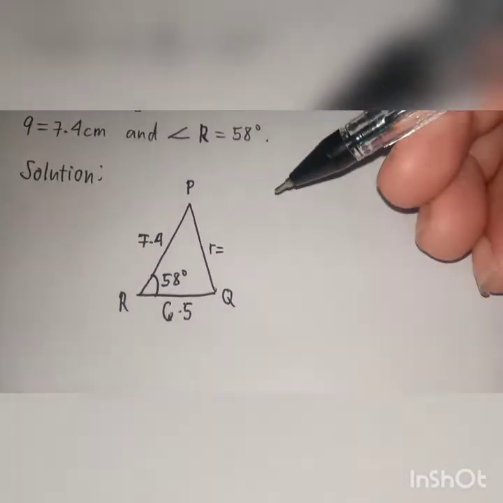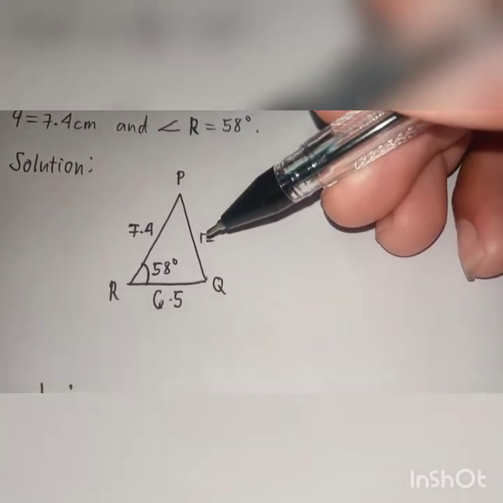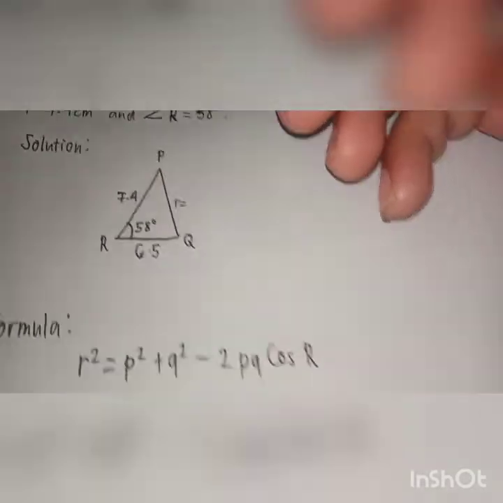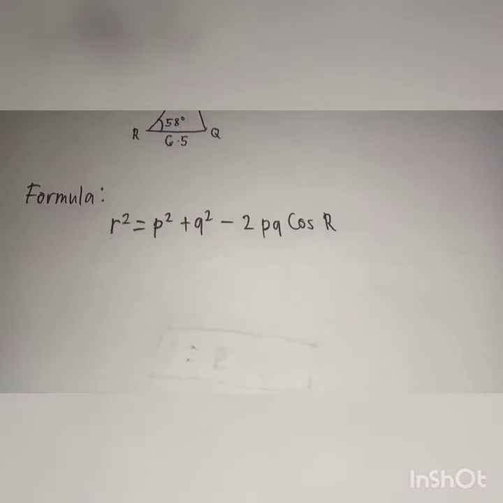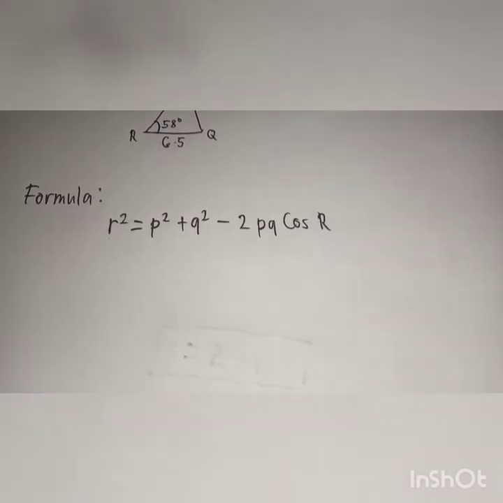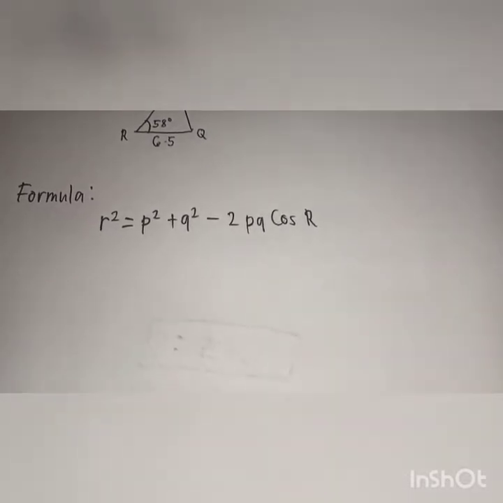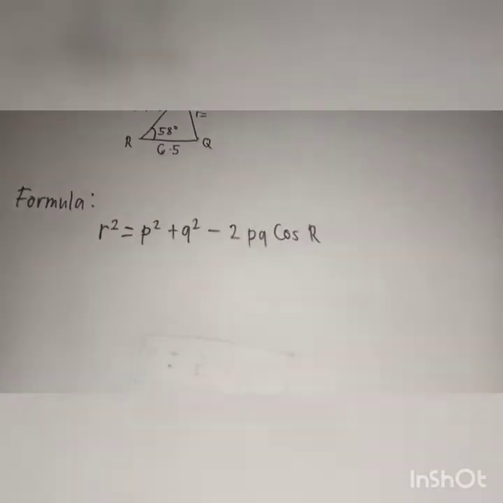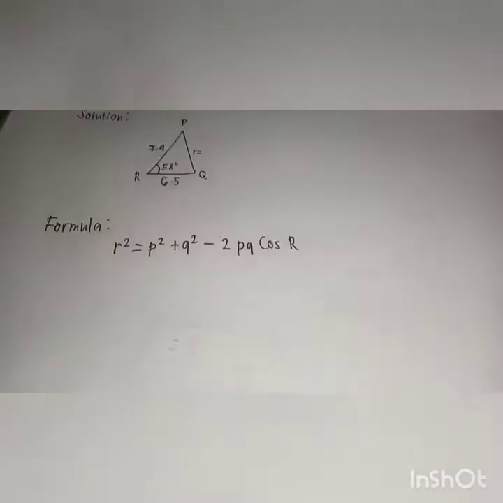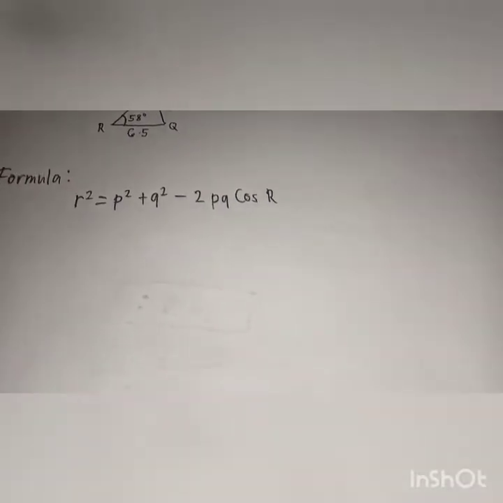Find the r value. So the formula we have is r squared is equal to p squared plus q squared minus 2pq cos of R. So let's distribute the values.